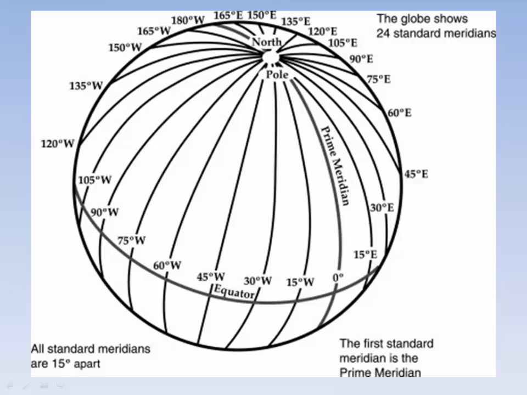If you divide 360, which is the number of degrees in a circle, by 24, you get 15 degrees. There are 24 hours in a day, so the sun passes over one of these meridians each hour.